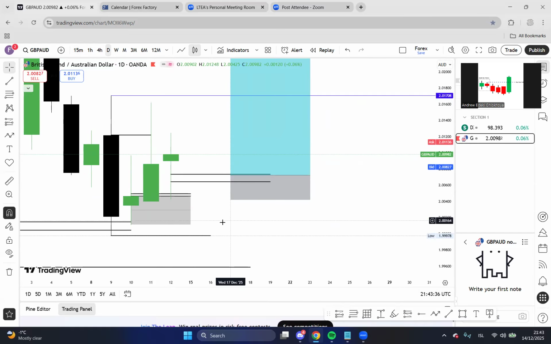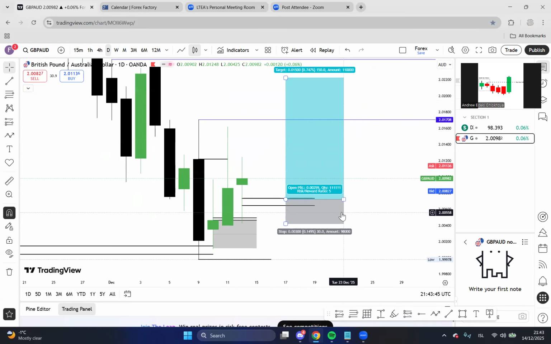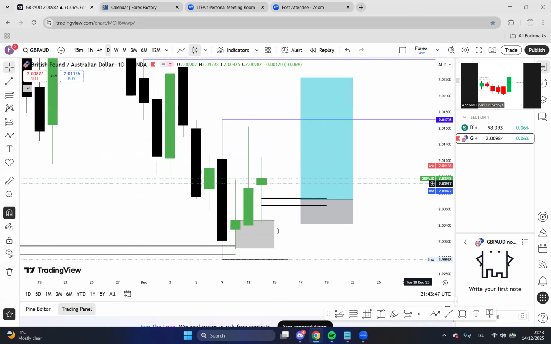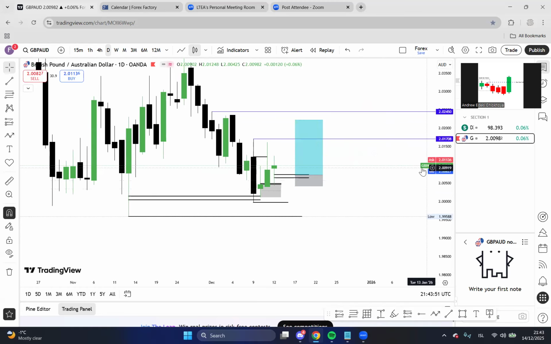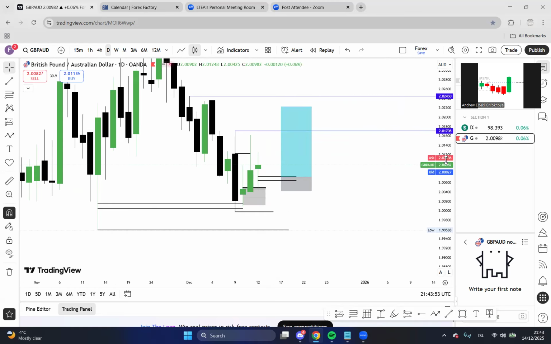An inside bar candle. So this is accumulation, basically, on this daily time frame. So what do we expect? We expect an expansion to the upside or to the downside, doesn't matter. But looking at what price did in the market, I would like the expansion to be to the upside.